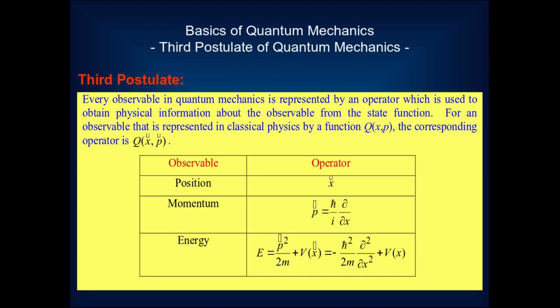The third postulate: every observable in quantum mechanics is represented by an operator which is used to obtain physical information about the observable from the state function. For an observable that is represented in classical physics by a function q, the corresponding operator is q x p.